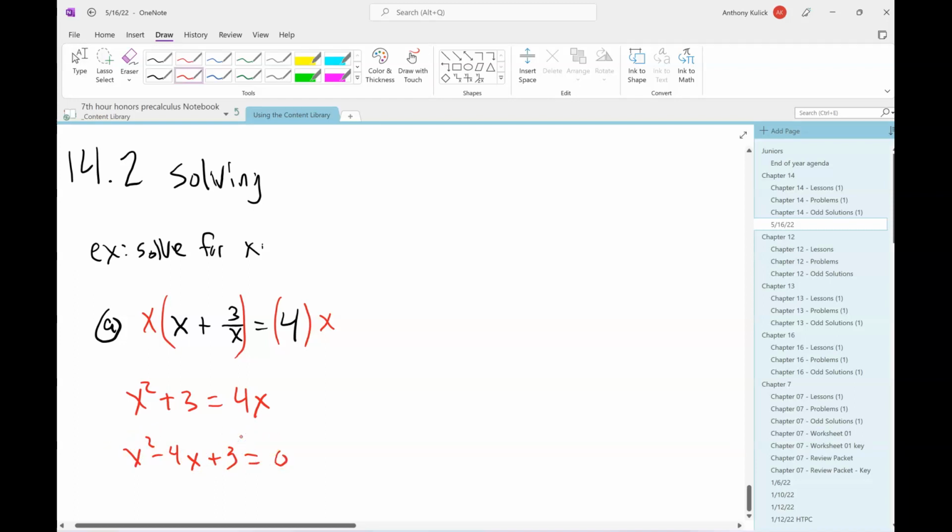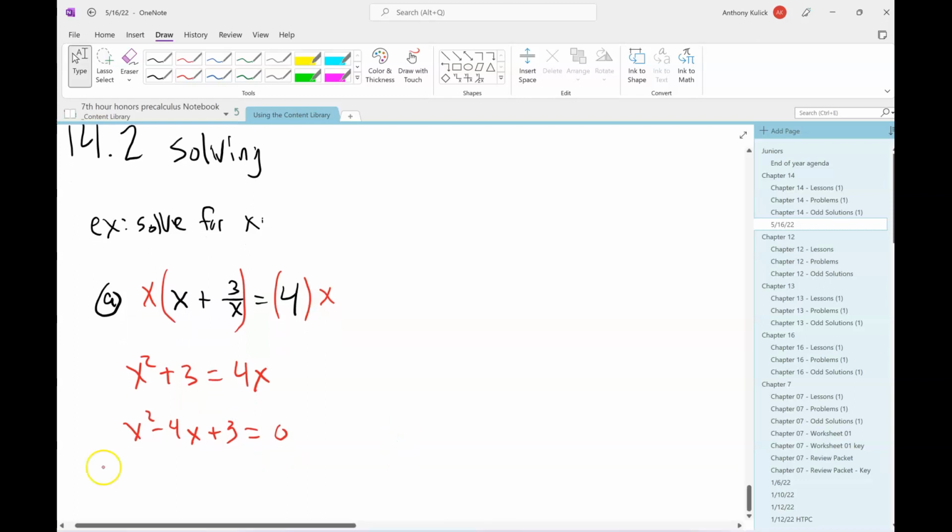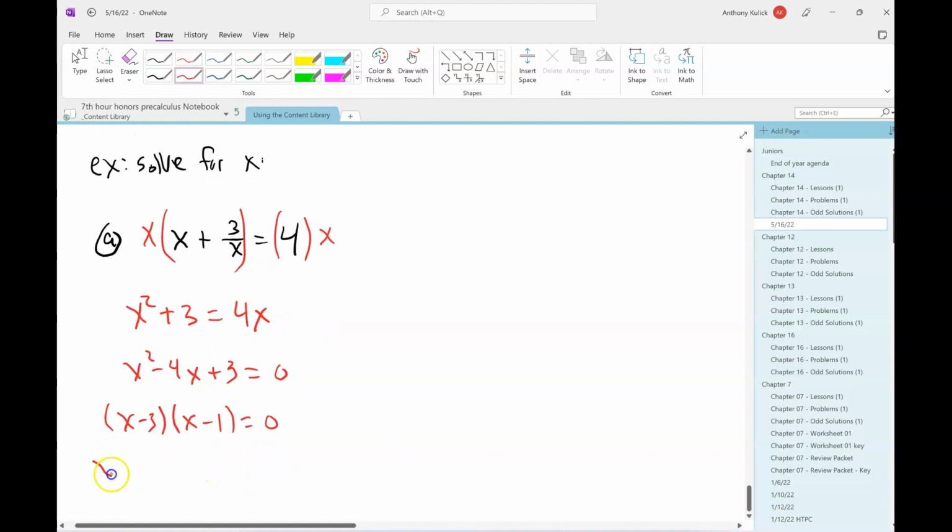What you see is a quadratic with leading coefficient of 1. I would try to factor this. Two things that multiply to give us 3 and add to give us -4 are -3 and -1. We can apply the zero product property here. And when we solve, we get 3 and 1.